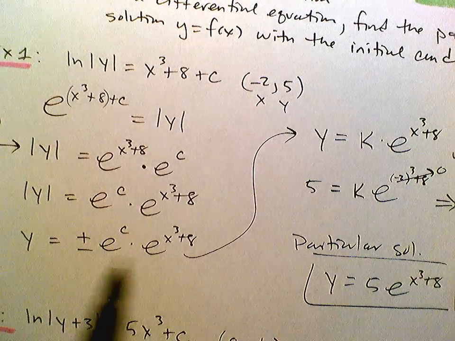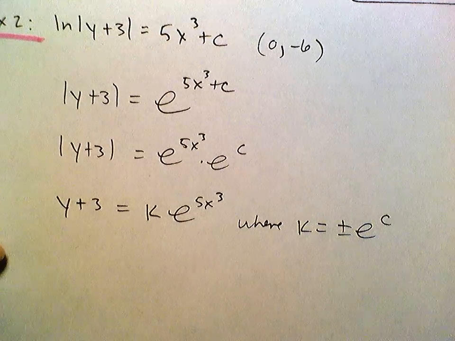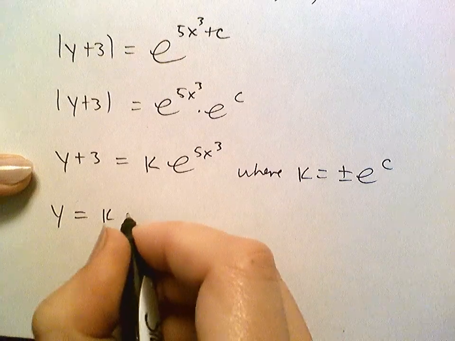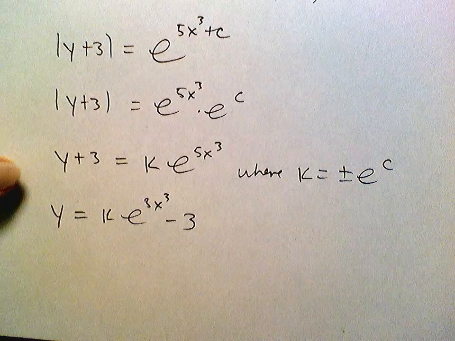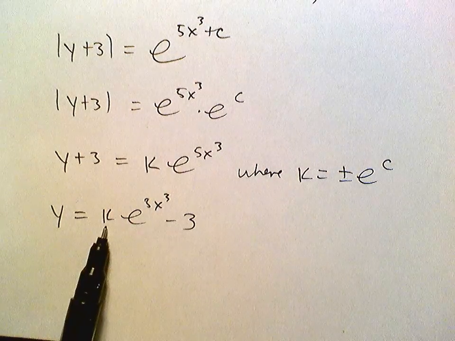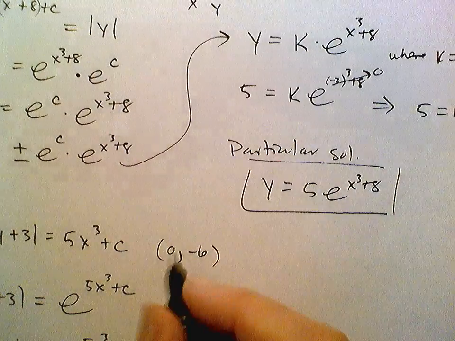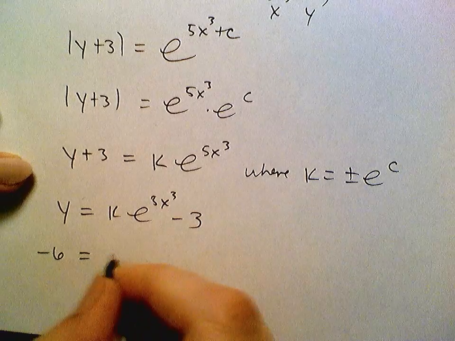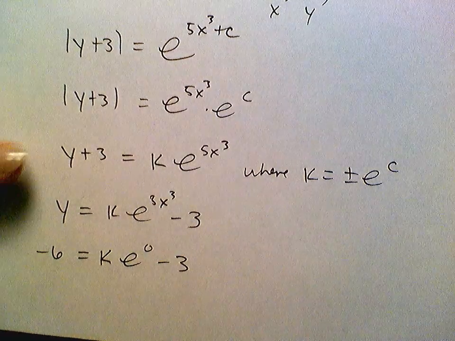I skipped a few steps up here, which is fine. You don't have to skip it if you don't feel comfortable doing that. So I've got that y is equal to k times e to the 5x to the third minus 3. Then we've got to figure out what k is, and then we'll have the particular solution. This is the initial condition that we're given, so that goes in for x, that goes in for y. So we have negative 6 is equal to k e to the 0 minus 3.